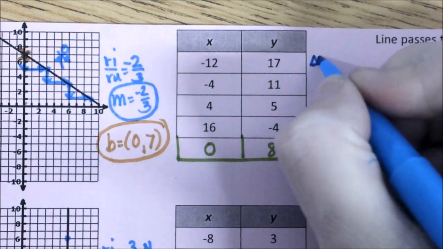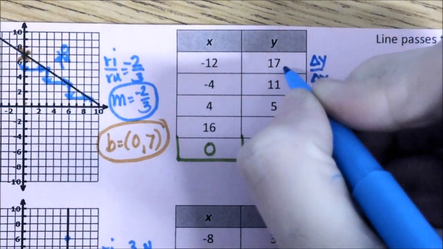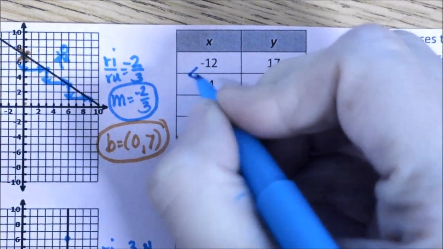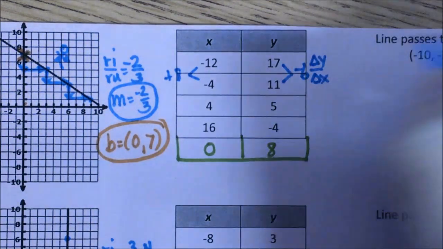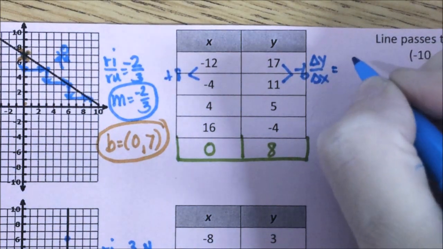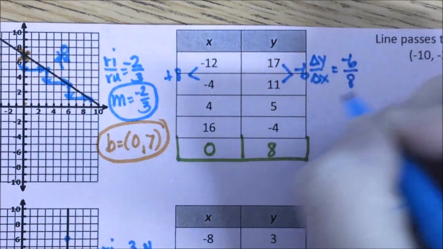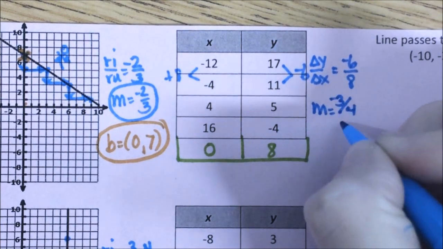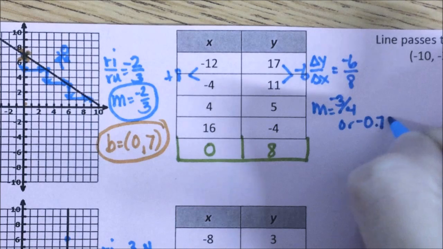We're going to do delta y over delta x on this one. So for this one, 17 minus 6 is 11, -12 plus 8 is -4. That makes my delta y over delta x -6 over 8, which reduces to -3/4 or -0.75.